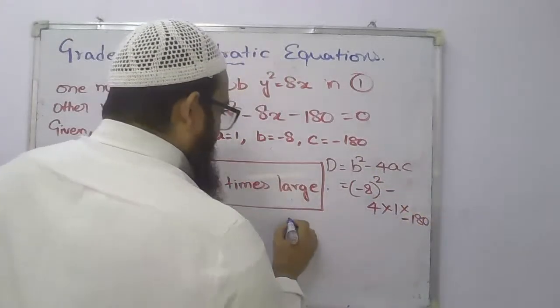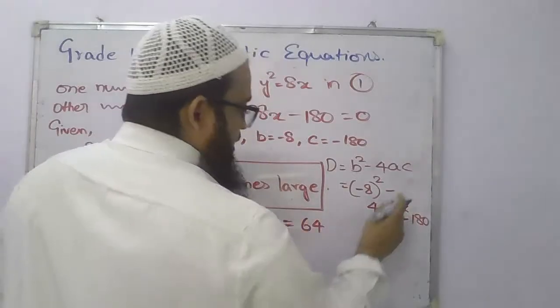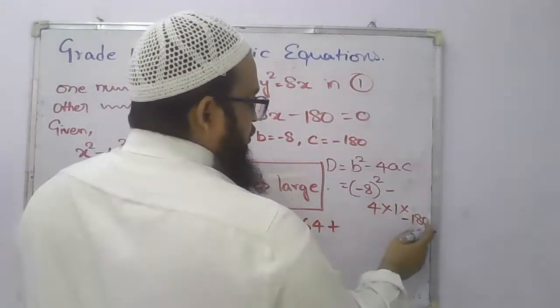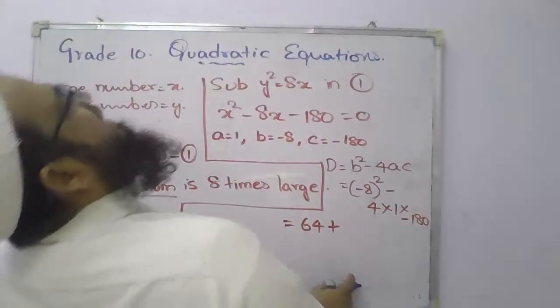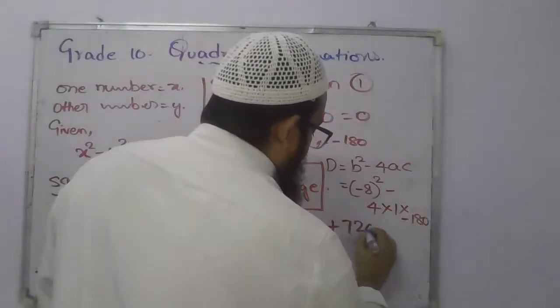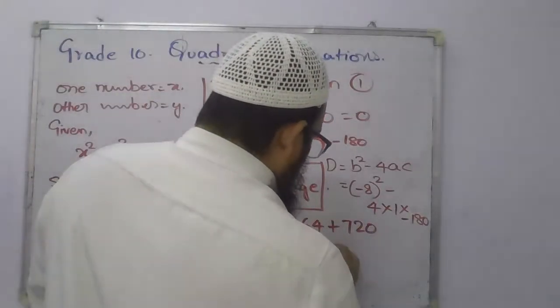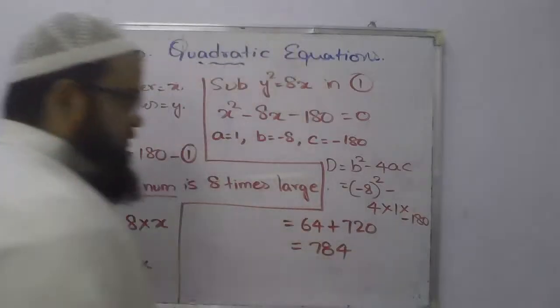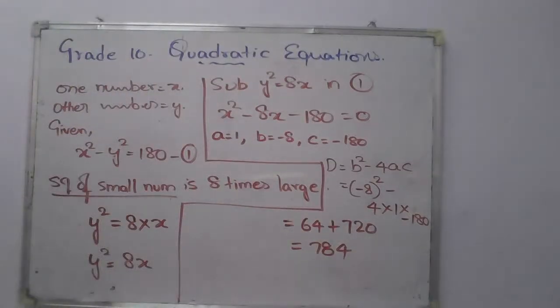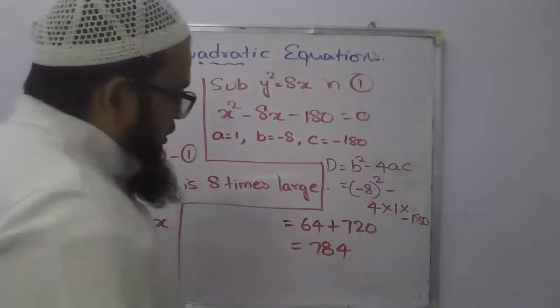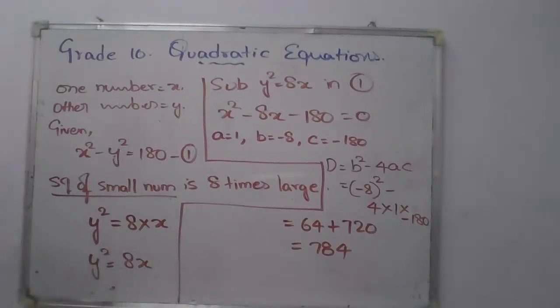So 8 square, what is 8 square? 64. Minus of minus, plus 4 times 180, I think 720. So 784. So the discriminant is equal to 784. Understood? So let us see the next one.